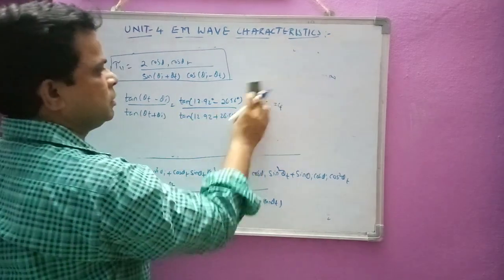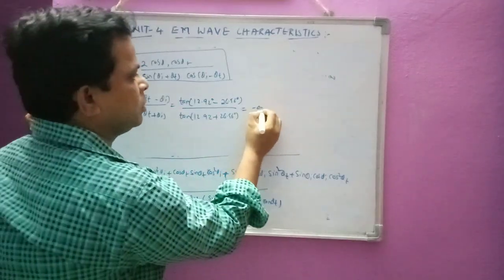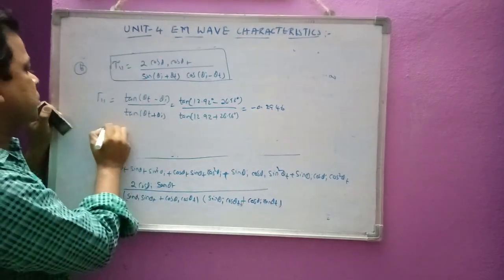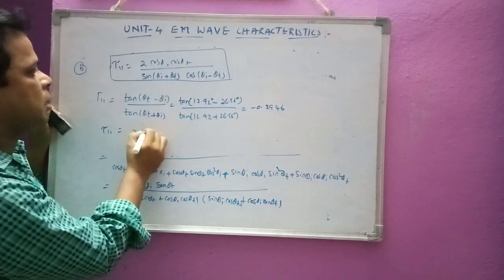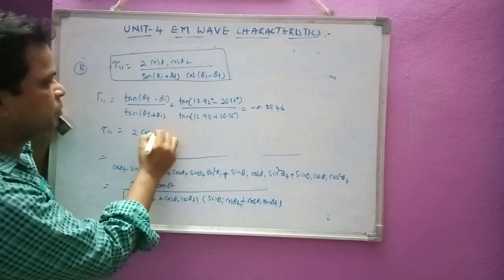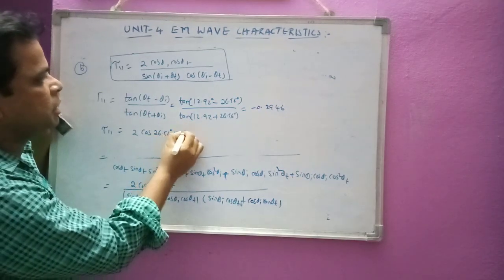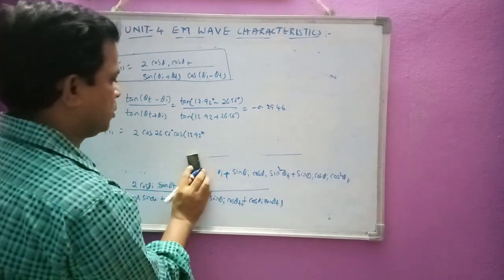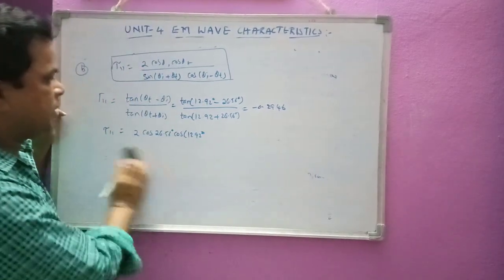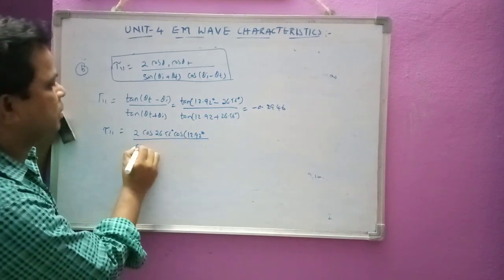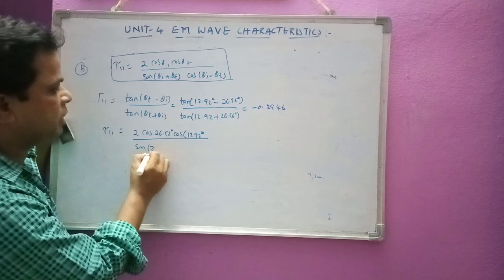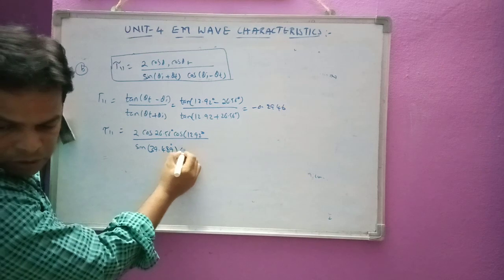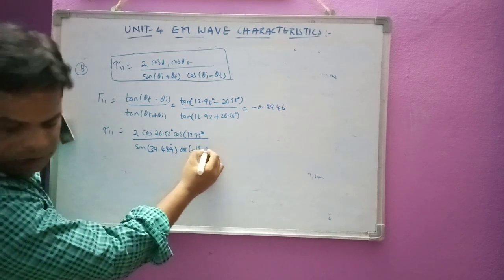Sorry, it is not that one. It will be coming to minus 0.2946, it will be minus here. And similarly we are going to use this formula, tau parallel, that is 2 into cos theta I, 26.56, into cos theta t, 12.92 degrees, by sin of theta t plus theta I, 39.489 degrees, and cos of minus 13.64 degrees.